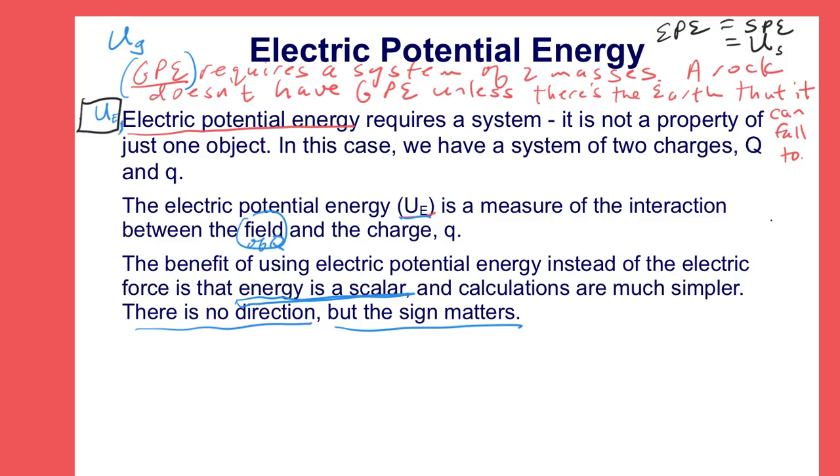So electric potential energy requires at least two charges. Like gravitational, to have significant potential energy, at least one of the charges has to be big.